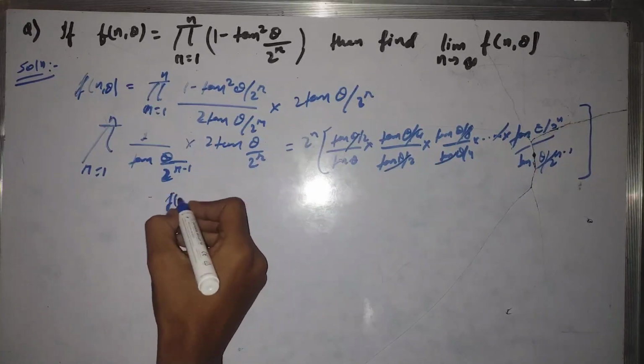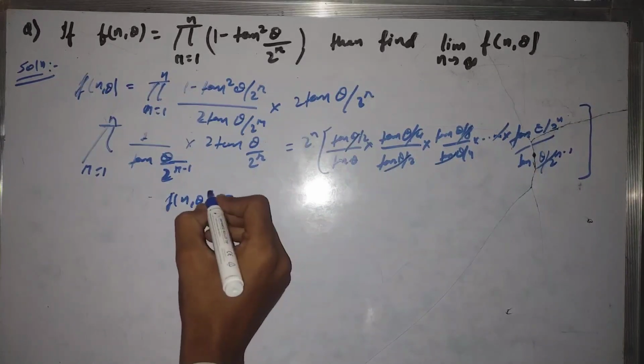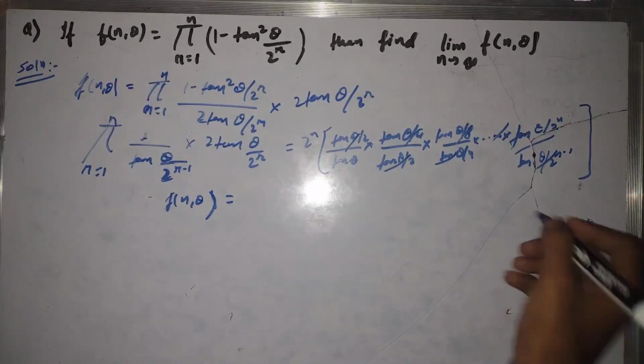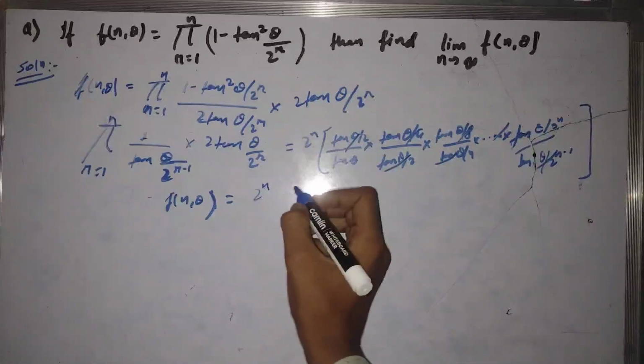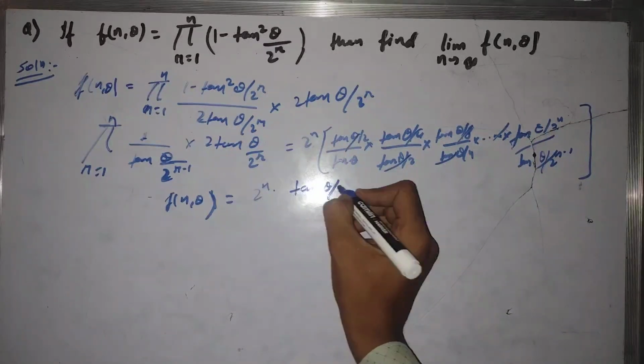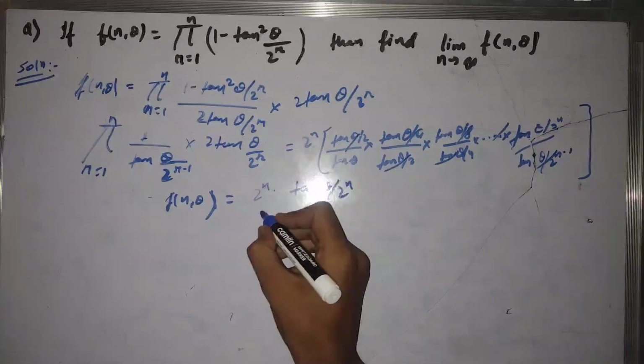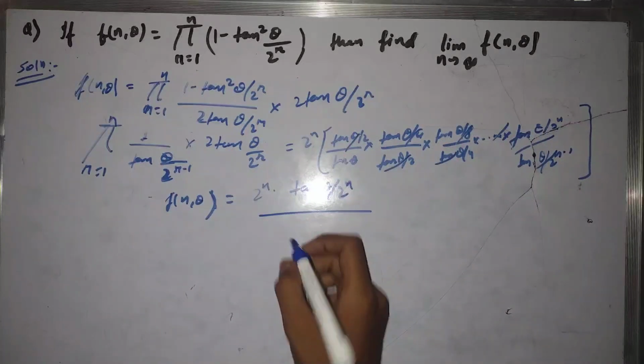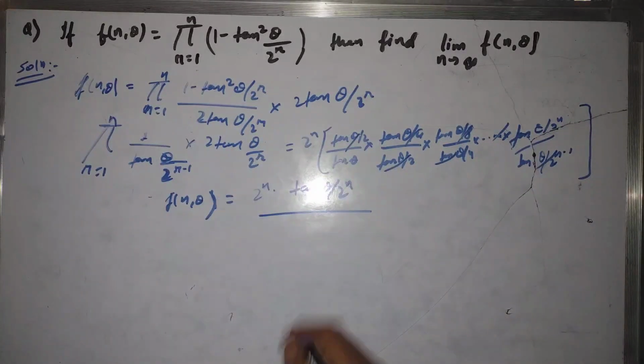f of n theta, which will actually be 2 to the power n into tan theta upon 2 to the power n, upon tan theta.